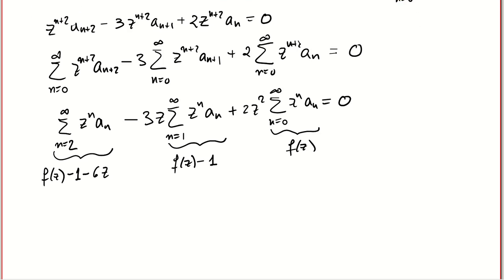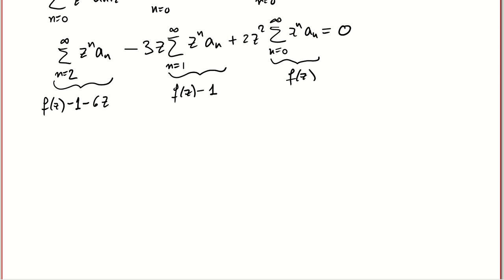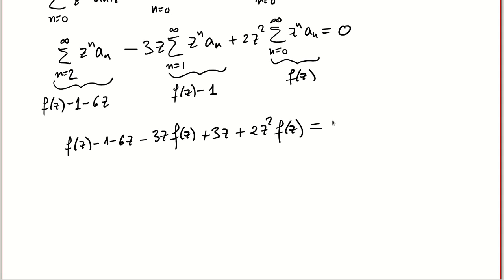Now we gather these 3 functions together, and then we have f minus 1 minus 6z minus 3z f plus 3z plus 2z squared f(z) equal to 0. All right. We can factor out the f, so we have 1 minus 3z plus 2z squared, times f.